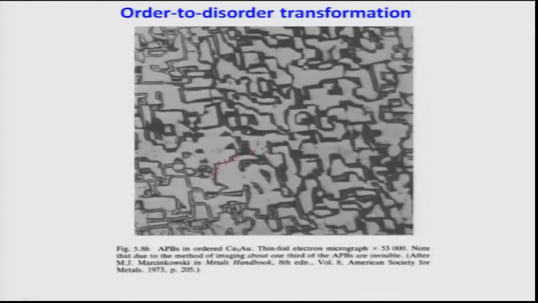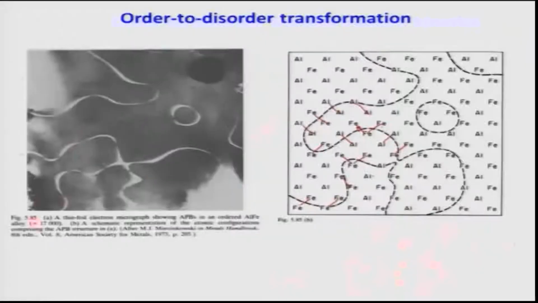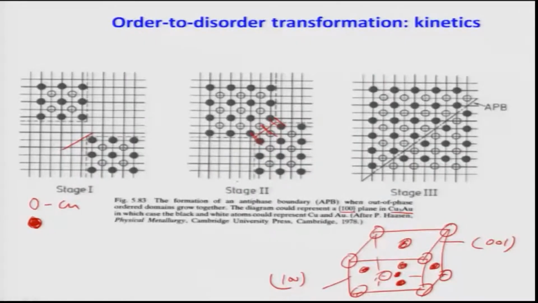Now, one can look in a much better way at how ordering kinetics happens. That means how ordering takes place, in the sense of how, atomically, these domains come together and become bigger. That is a little difficult to conceive at the stage you are in, because the atomic arrangement I have shown you here is a much simpler one.